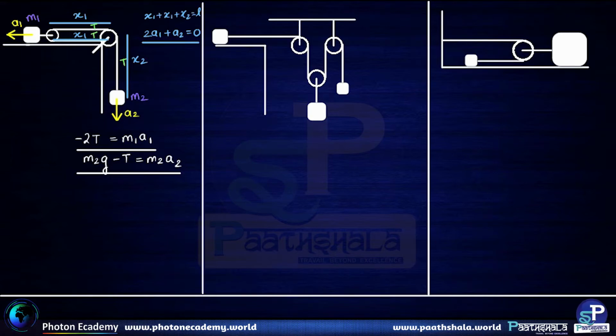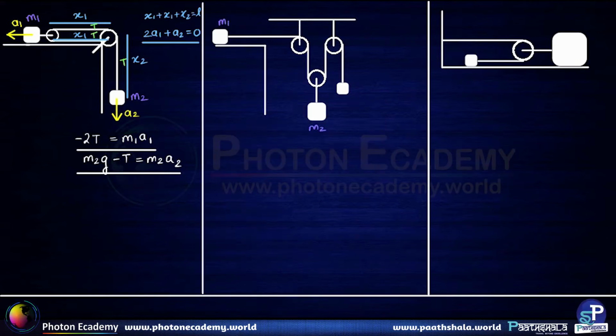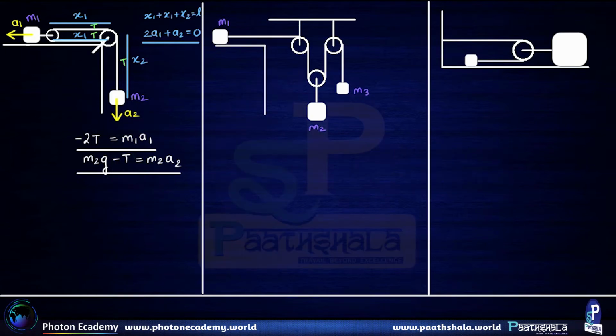In the second case, let me label the masses. So this is the mass M1, this is the mass M2, and this is the mass M3. Let's note down the constrained lengths that we are going to use while adopting constraint motion. So this is, let's say, the distance x1.